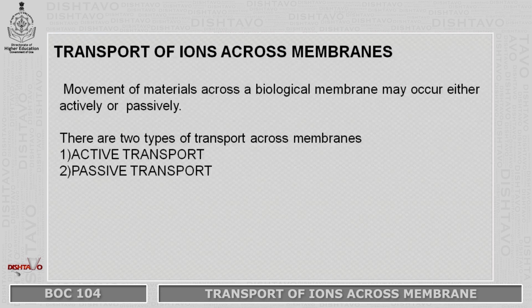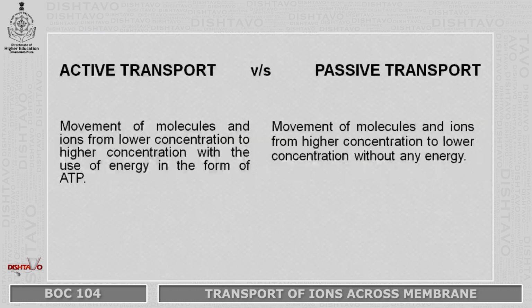Now, the movement of ions or molecules across a biological membrane may occur either actively or passively. And therefore, there are two types of transport across membrane, active and passive. Now, what is active and what is passive?